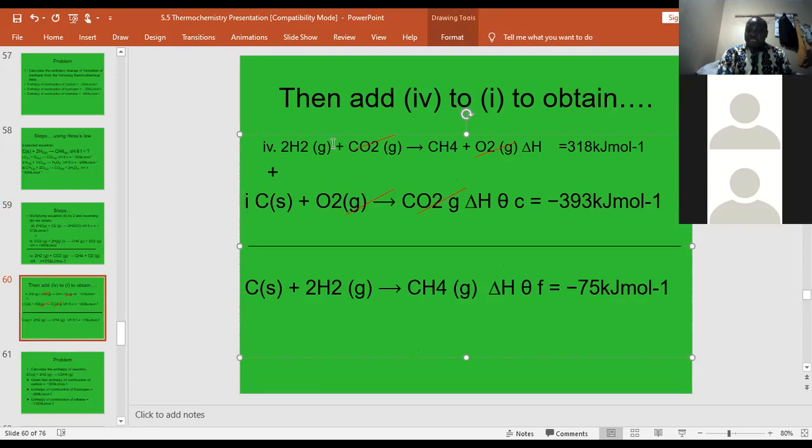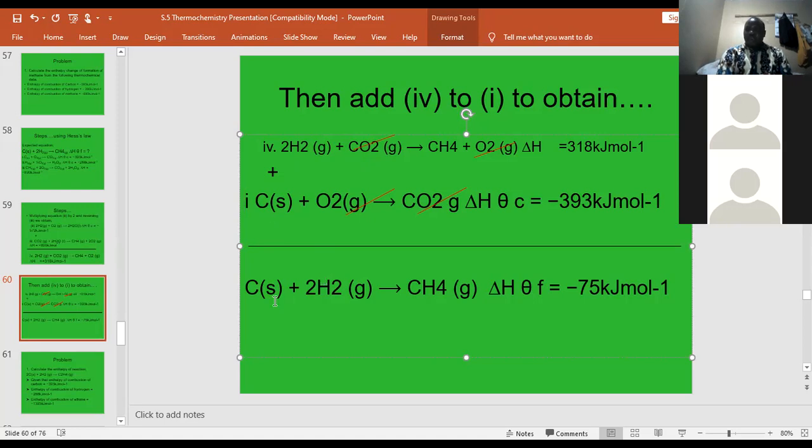So when you add this equation 4 to equation 1, you can see that the carbon dioxide on the left-hand side cancels the carbon dioxide on the right-hand side. You can see that the same number of moles of oxygen on the left-hand side cancels the oxygen on the right-hand side. And what we remain with is the hydrogen, 2 moles, which is what we need, which we have here.